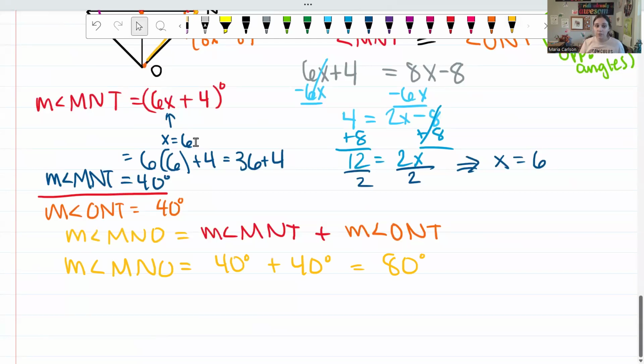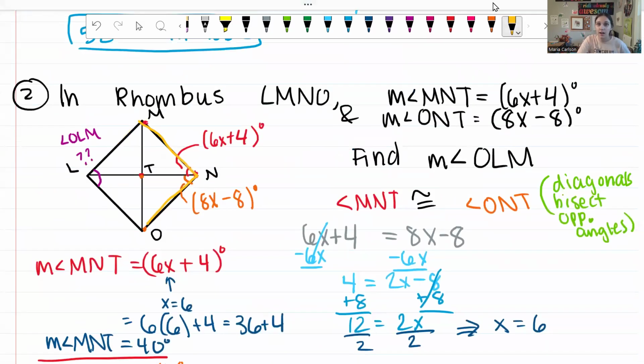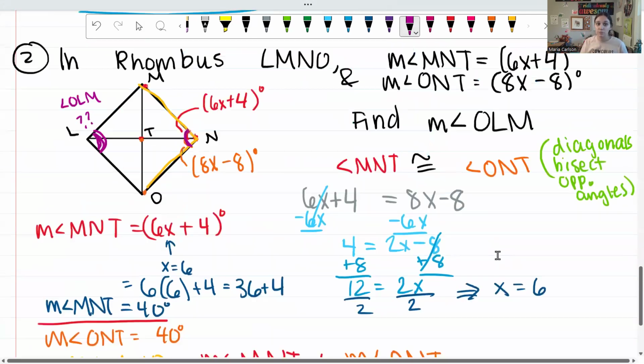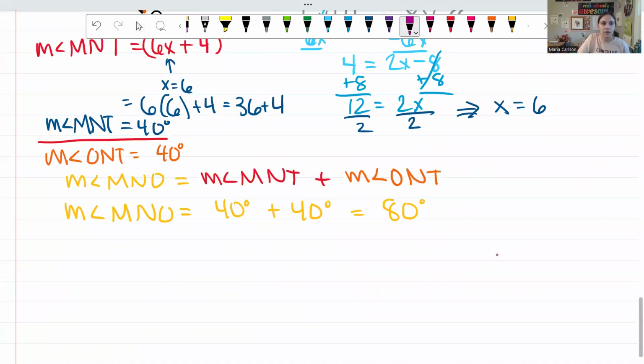And this is very helpful to us because the problem asks us to find OLM. And we know that OLM is opposite MNO. So these two angles have to be congruent. Angle MNO is congruent to angle OLM. And that's just the properties of a parallelogram.